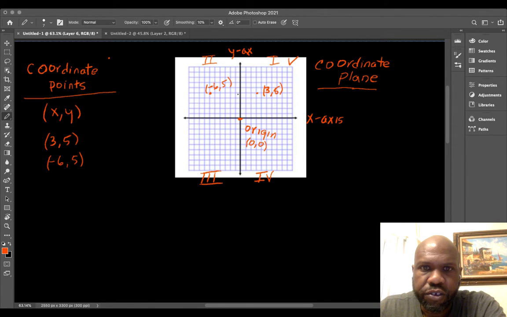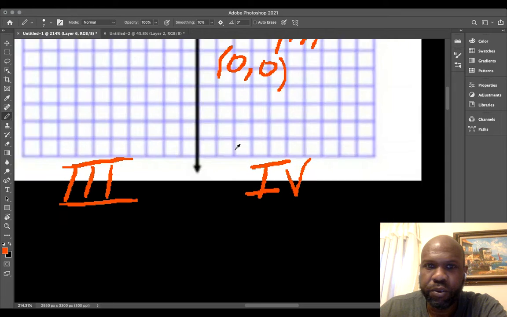Let's start looking at some other situations you could see. What if we have a point right on this vertical line? Oops, sorry. Whoa, sorry guys.